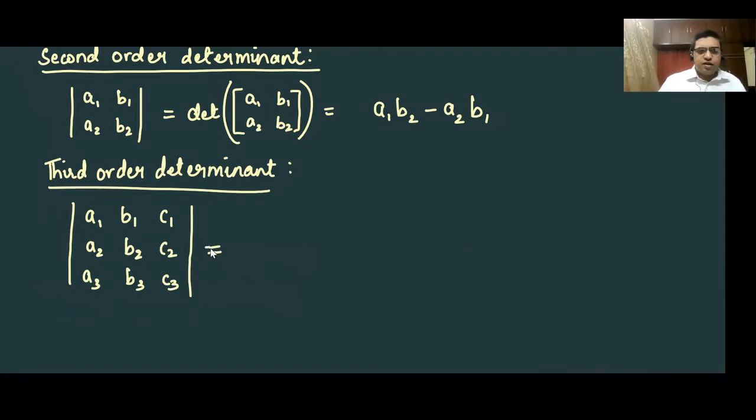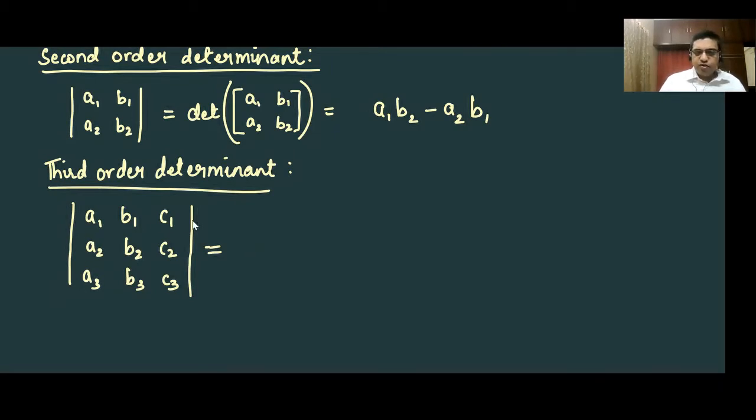Now the third order determinant is defined like this. I'll just give the basic definition, then I will explain with other approaches for determinants. Now we all know we can expand about the first row or the first column.